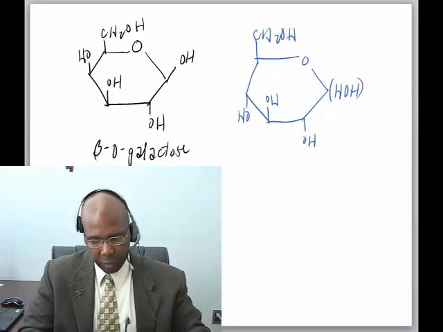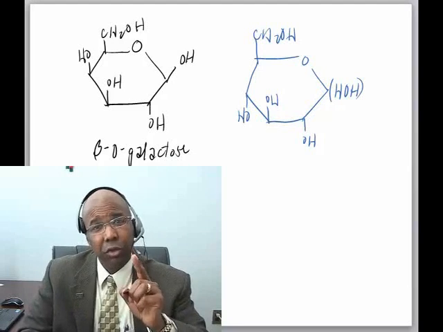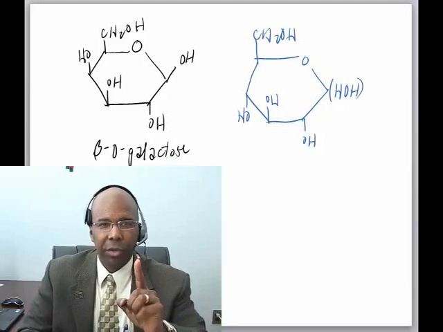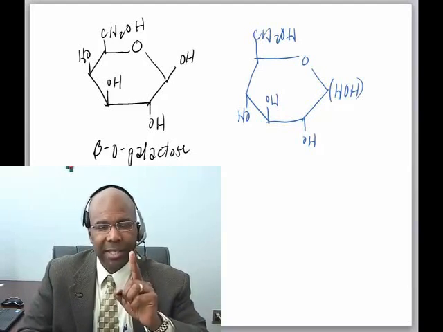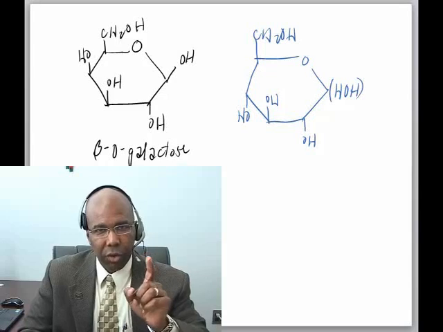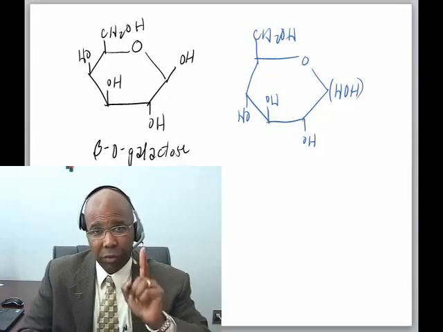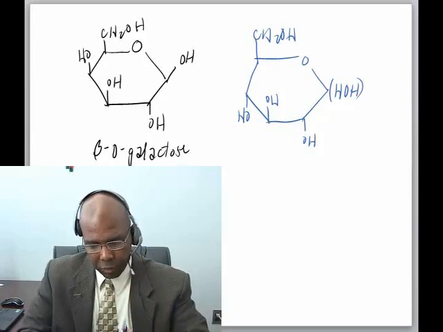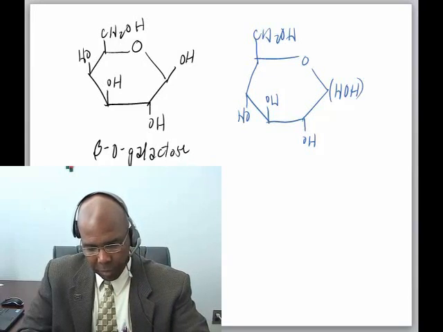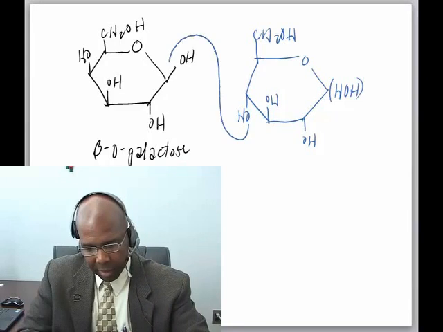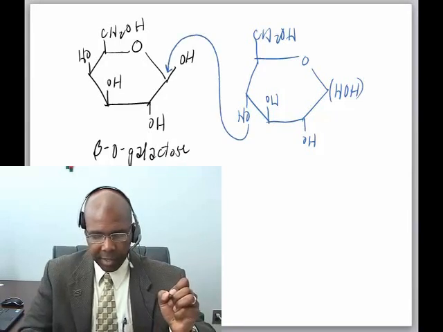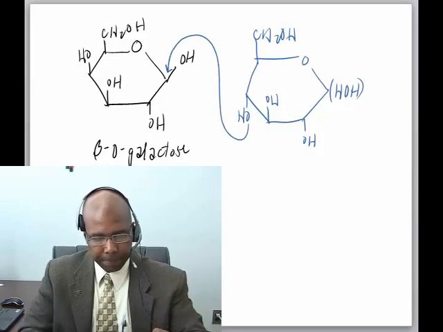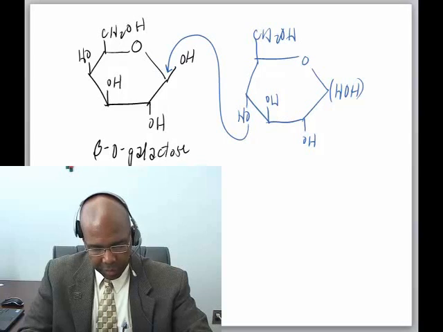A beta 1,4. So I'm going to draw something. When I draw this, I'm going to erase the bond and draw the bond another way. So be ready. If you're writing with a pen, don't write the bond as I've drawn it. So this OH is going to attack the anomeric carbon, and we're going to end up with this.